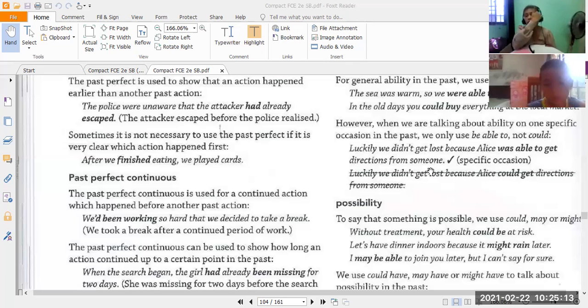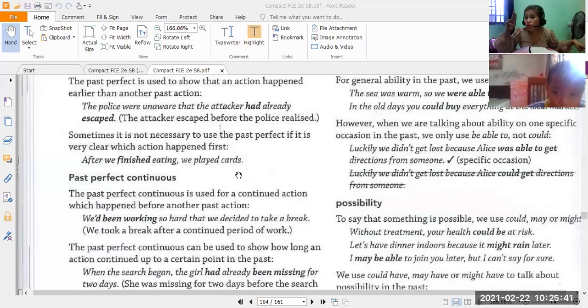So now here we are going to have the past perfect continuous. When Teacher Ann told you that past perfect, Kayo, it should be earlier than another action. But the past perfect continuous is used for continued action. The action is continued, but happened before another action.